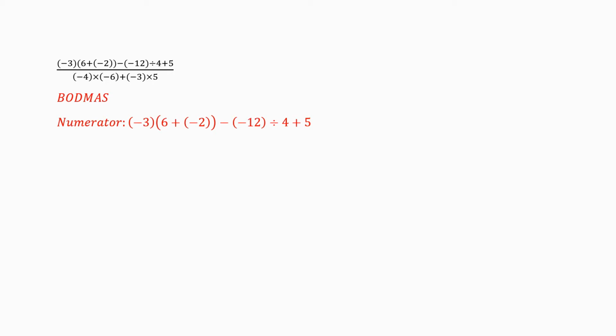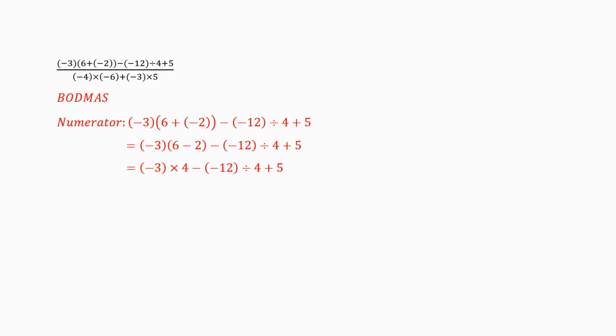We have 6 plus -2. This can be rewritten as 6 minus 2, and 6 minus 2 is 4. Therefore, we have -3 times 4 minus -12 divided by 4 plus 5. The next operation is the division.